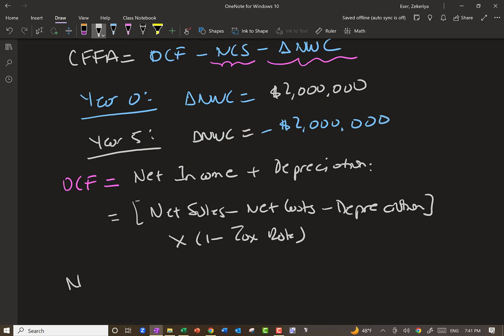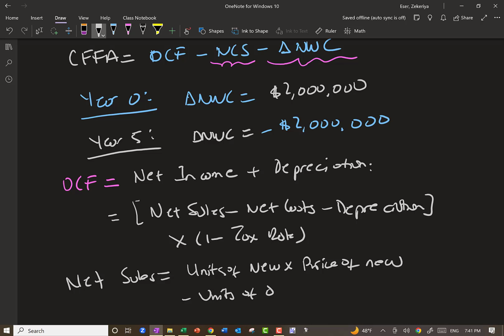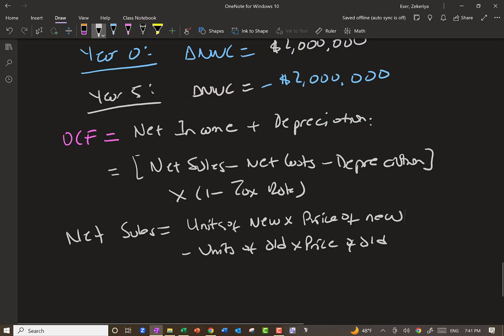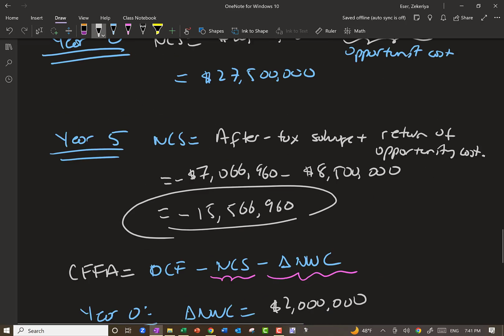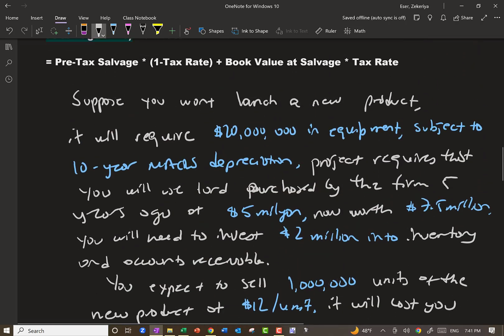So let's calculate net sales for this company. Units of new times price of new minus units of old times price of old, right? We said 1 million, right? Let's check.